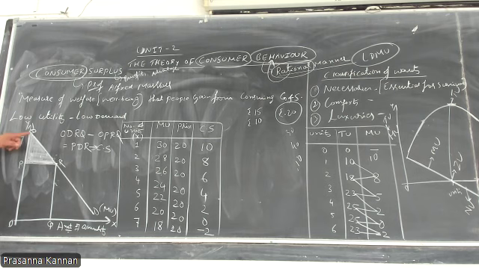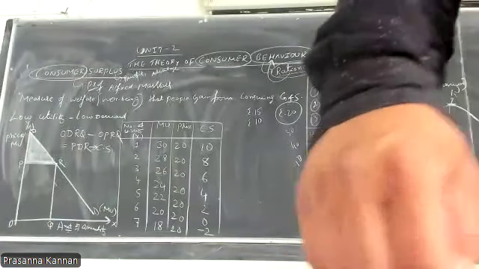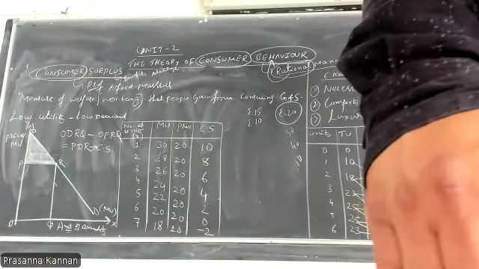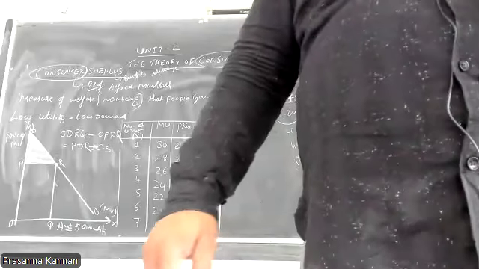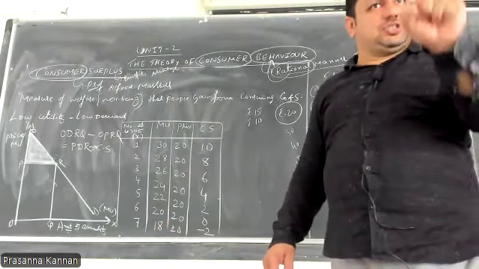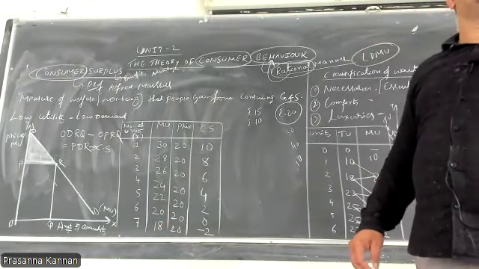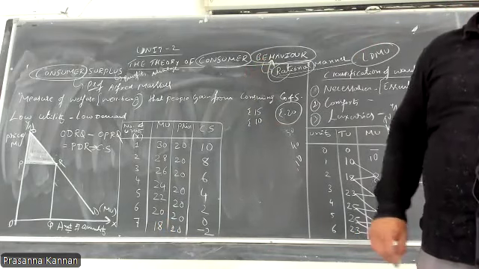PDR, or let us say DRP, anything is fine. It need not be PDR only; you should write it here. The shaded area is PDR. That is the net benefit the consumer is going to get from purchasing the commodity.